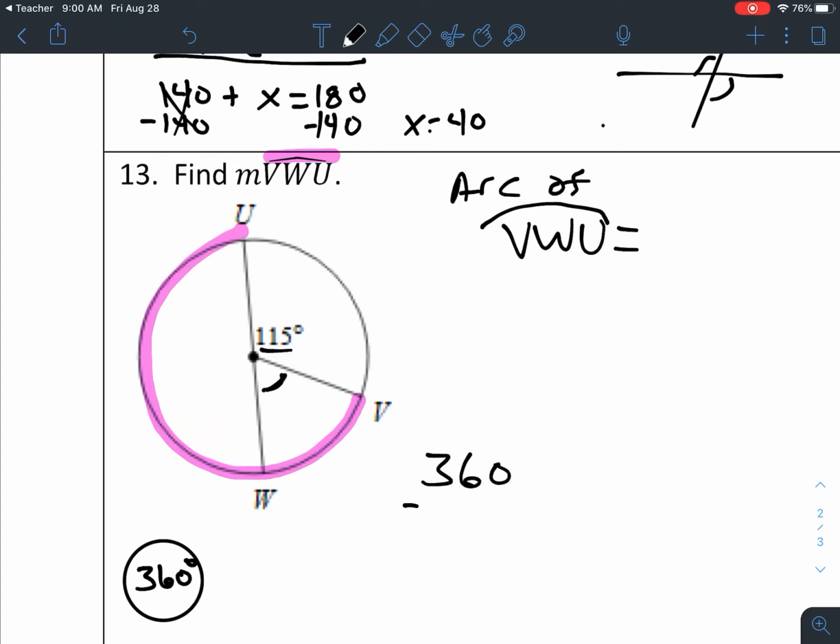So 360 minus 115, and we do our calculations like I said. This leaves us 5, 10, put a 5 here. 5 minus 1 leaves us a 4. 3 minus 1 leaves us with a 2. So our arc measure is 245 degrees for VWU.